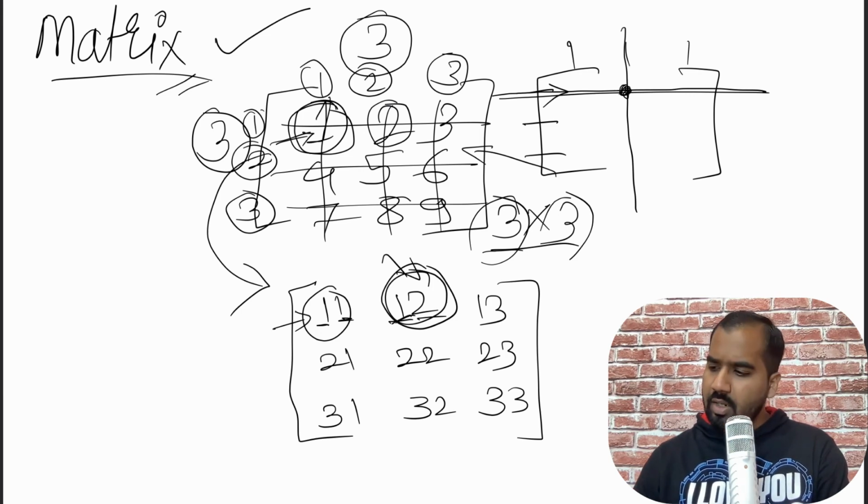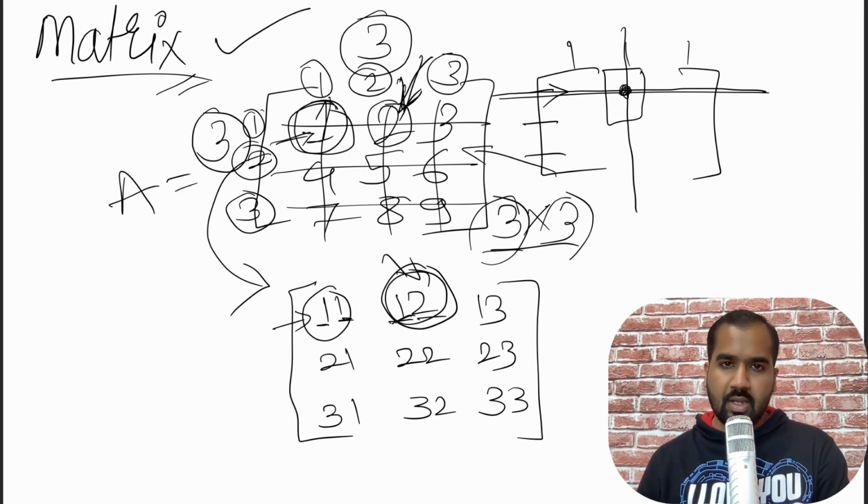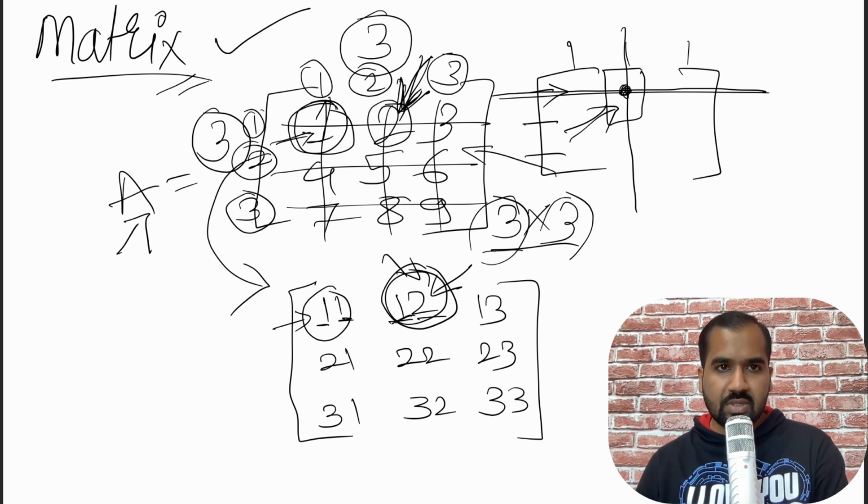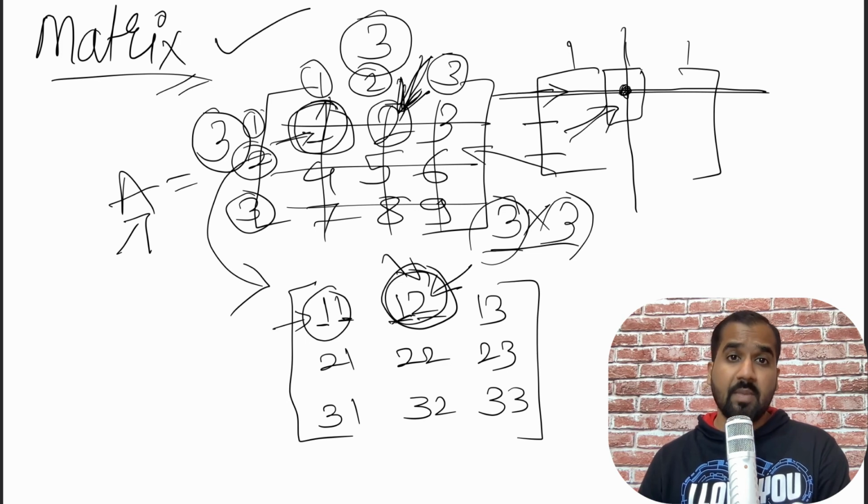This is the position I am describing as 1 2, and in that position, the element 2 of the matrix, let's name the matrix A, is situated. This is how you have to understand the whole structure of a matrix. And in the upcoming videos, we will also be discussing the different types of matrices that you need to know before going ahead.